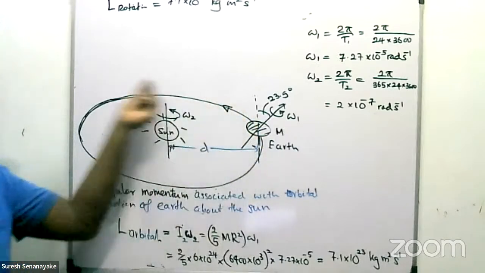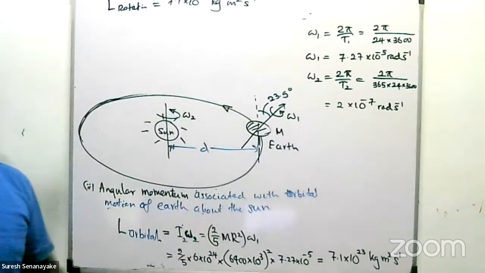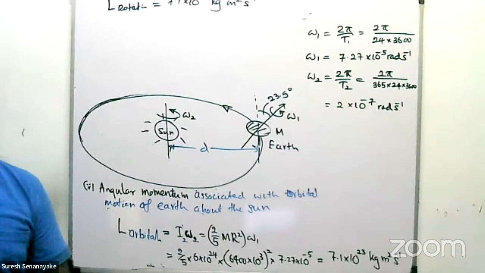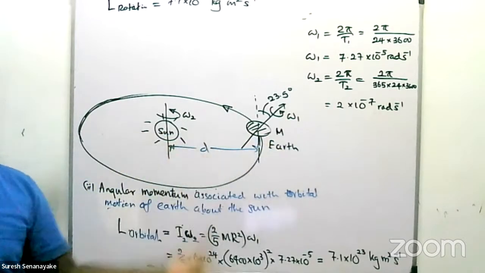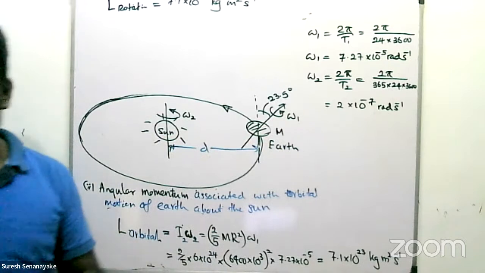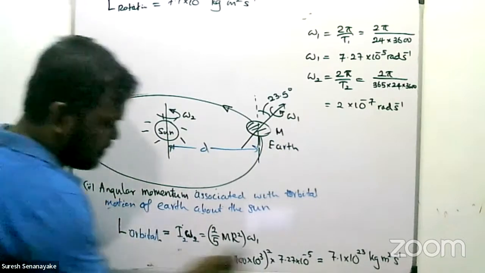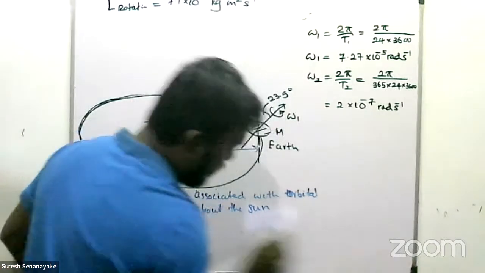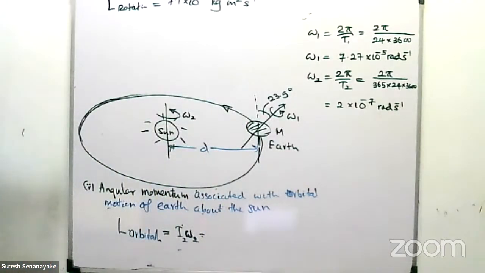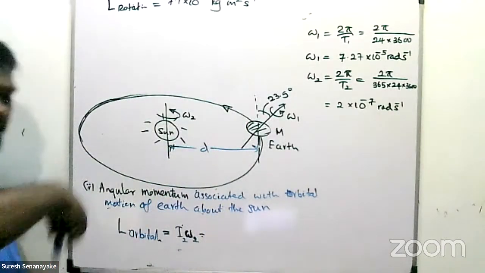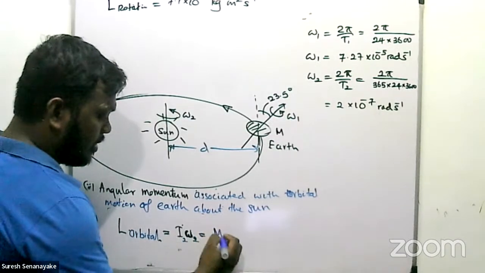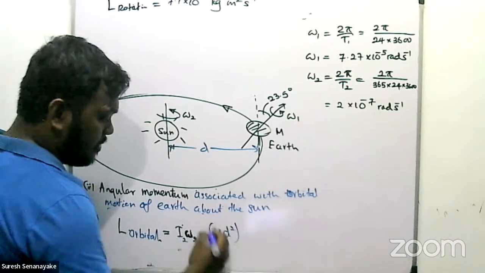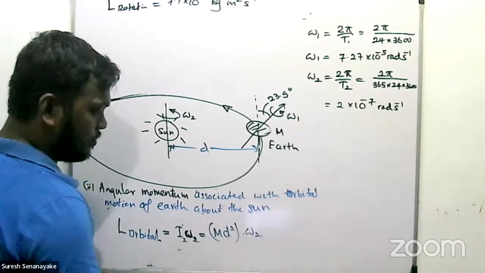So the particle is moving or rotating about an axis. A particle of mass m at distance r, you can write as m r. Similarly, the particle is rotating about this, so you can write I equals m d square multiplied by omega 2.